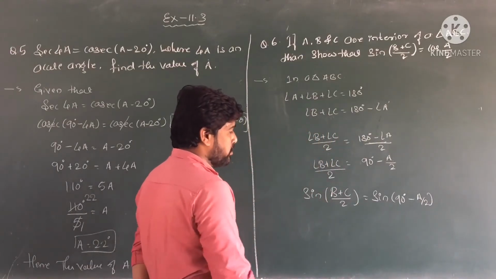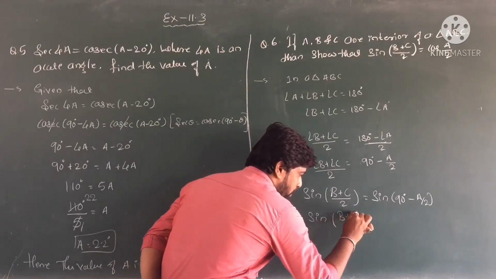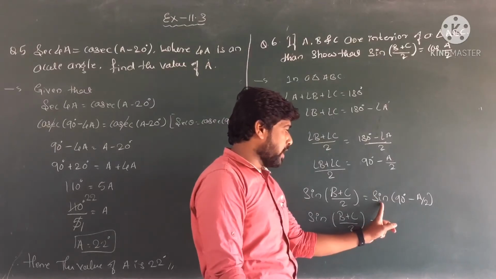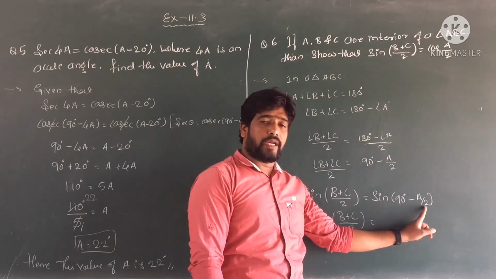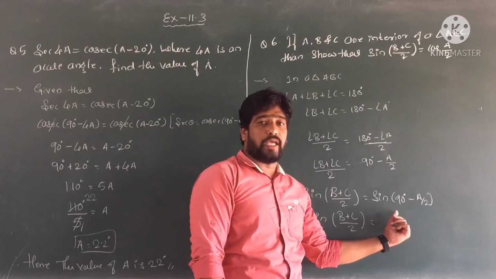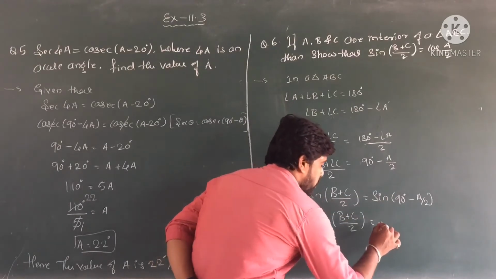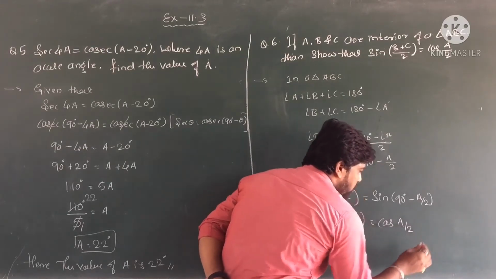Is it clear? So now sine of (B plus C) divided by 2 as it is. And here sine of (90 minus A by 2) we can write cos A by 2, because we know that sine 90 minus theta is cos theta. So that's why here we can write cos A by 2.